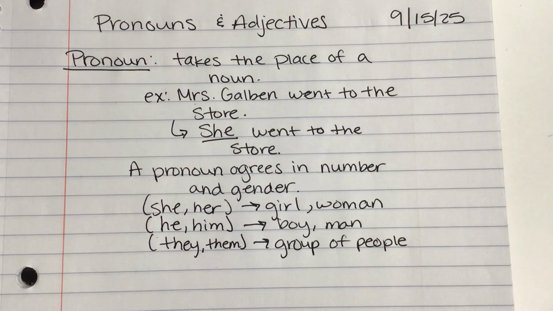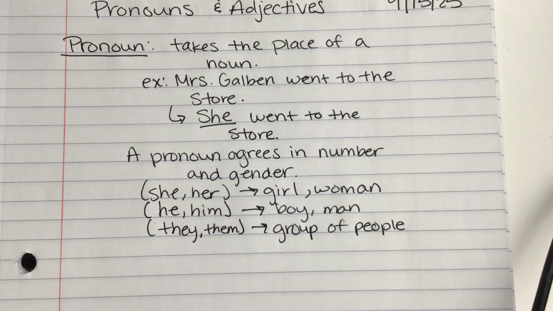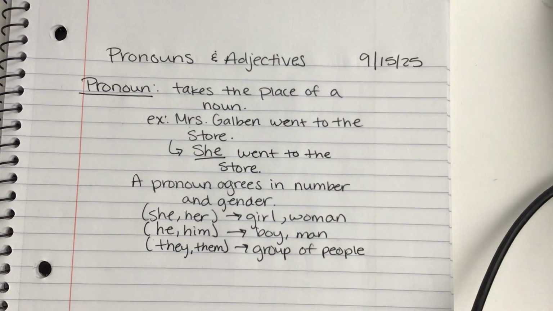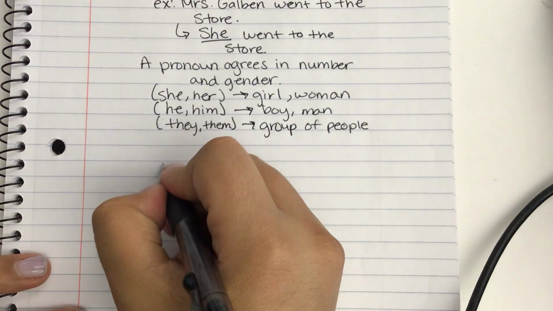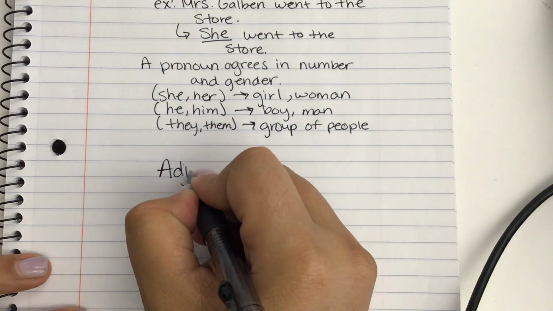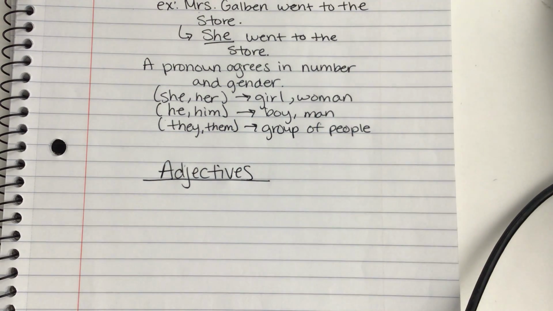Now we are going to start your adjectives. Now adjectives are something you should already know. So on your paper, let's zoom out. Okay, on your paper here, we're going to do adjectives. Okay, so that's our second topic. Really short notes today, okay?